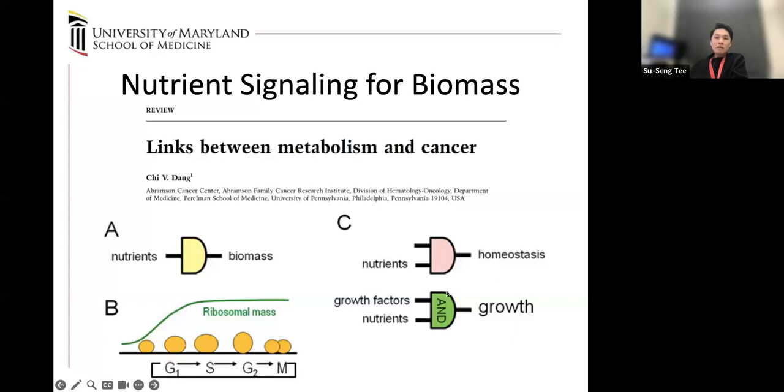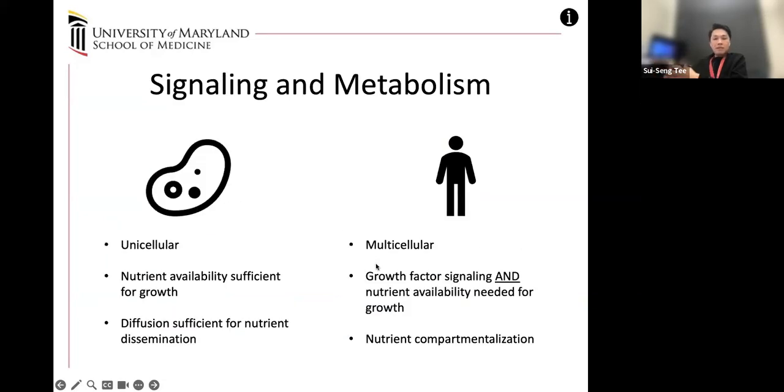So now you've got two inputs, right? You need growth factors as well as the availability of nutrients to grow and divide, right? So this is summarized here, right? In a unicellular organism, diffusion is usually sufficient to disseminate nutrients all around the organism.